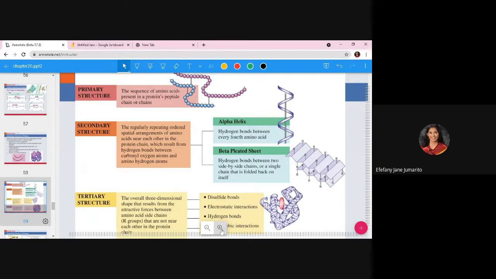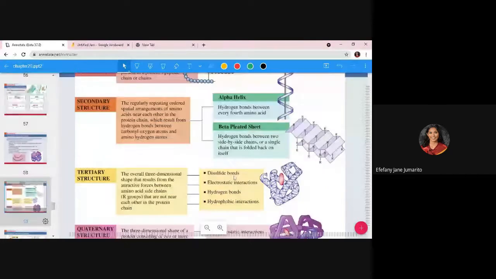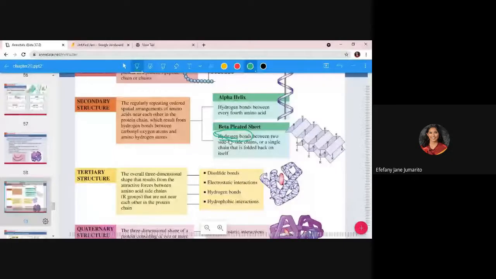Then we have your tertiary. The interactions that occur in tertiary are four: disulfide bonds, electrostatic, hydrogen bonds, and hydrophobic interaction. Whereas in your secondary structure, the bonds there are focused on the hydrogen bonds.